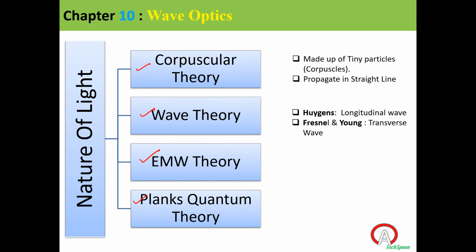EM waves are transverse in nature. Their oscillation is happening perpendicular to the direction of propagation. In the electromagnetic wave, the electric field and magnetic field oscillate perpendicular to the direction of propagation, right? So that's why EM wave is transverse in nature. Okay, clear? It's a very basic concept, should be clear. What is transverse wave? What is longitudinal wave? Any doubt on this? Just compare two things.